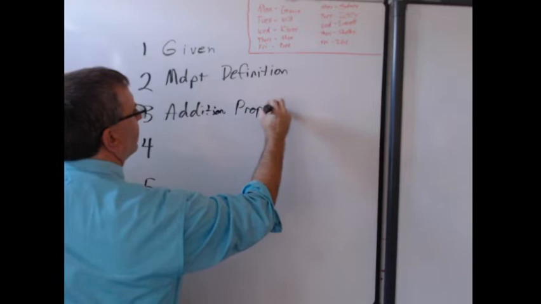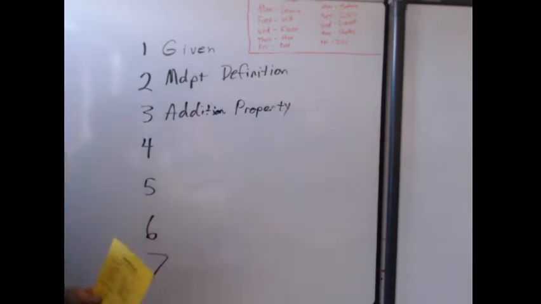Now, this could also be segment addition since we're dealing with line segments, but for the most part, since it's not technically adding different line segments to equal a total, then we have to use addition.